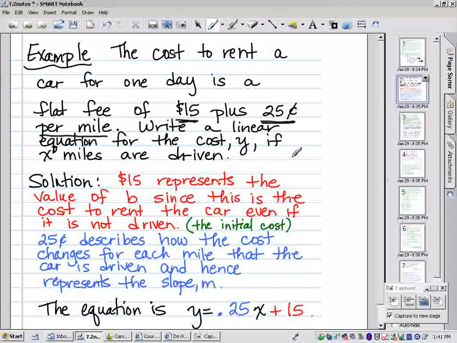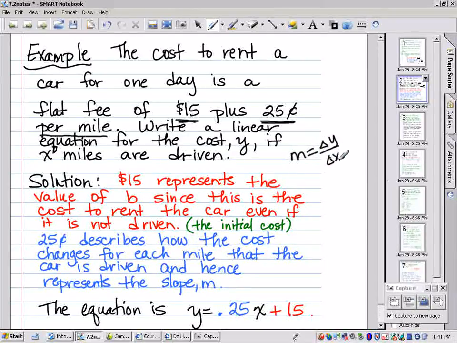Because if we're looking at slope as change in y over the change in x, we're really trying to find the change in the cost by the change in the miles driven. And we were told there that it changes 25 cents per mile. So that is our slope.